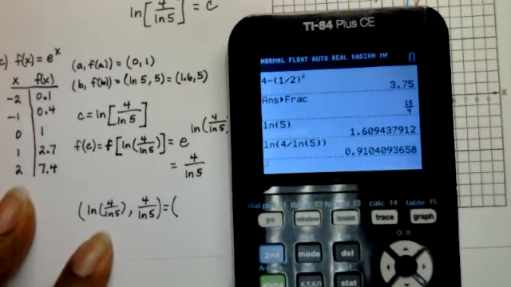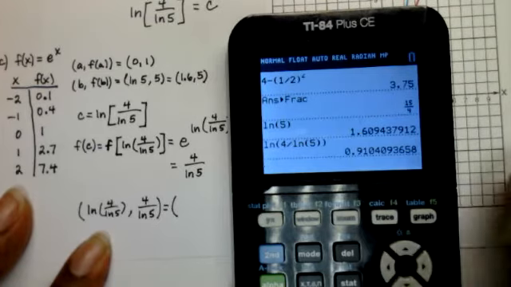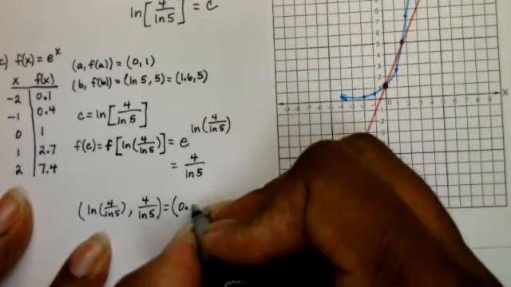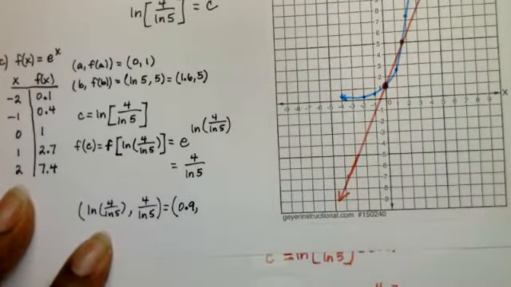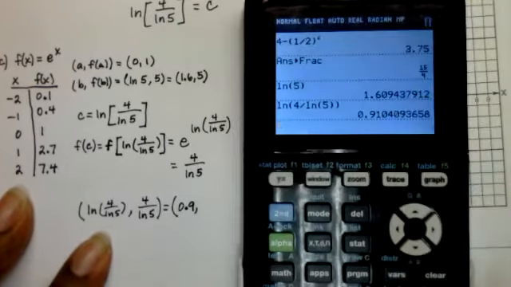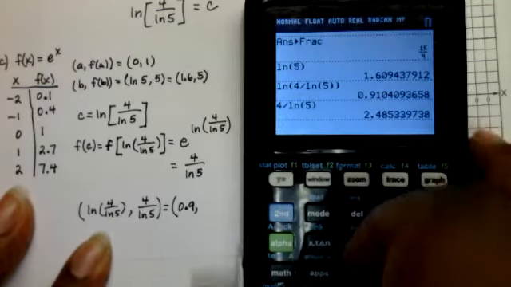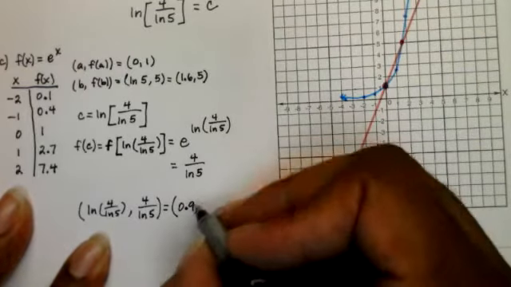You'll get, to one decimal place, 0.9. So my x-coordinate there will be 0.9. And then for the y-coordinate, 4 divided by ln 5, close parentheses. This will be approximately, to one decimal place, 2.5.